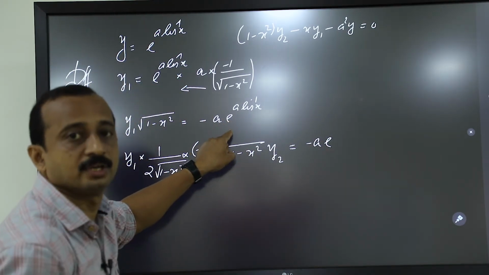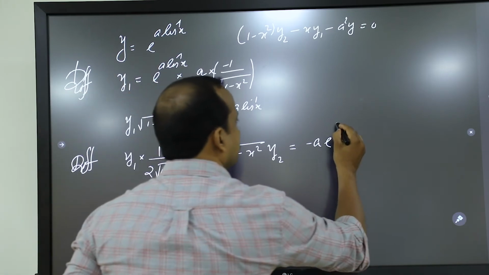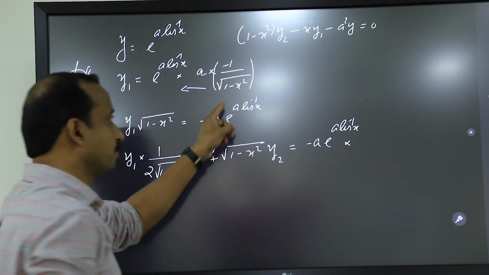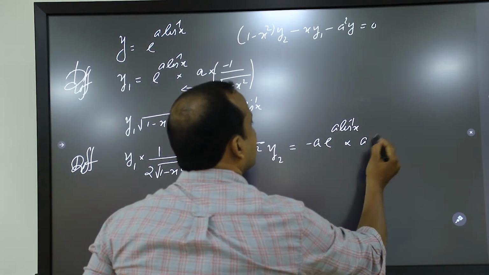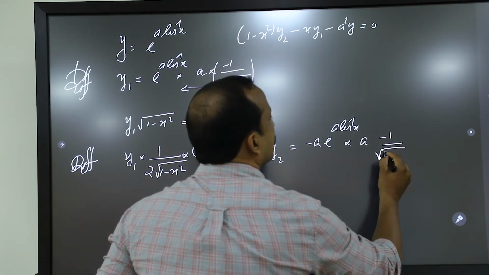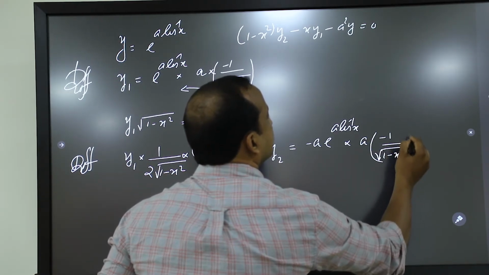What is the derivative of e raised to a cos inverse x? That is e raised to a cos inverse x into function of function, where a is a constant, and the derivative of cos inverse x is minus 1 divided by root of 1 minus x square.